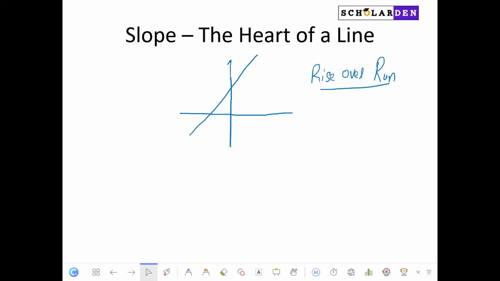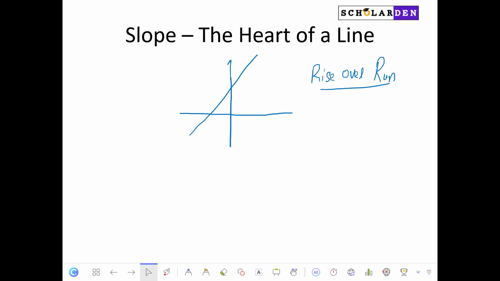So remember this: the slope is rise to run. Mathematically, what you do is divide the rise by the run. So I would prefer rise over run than rise to run. If you're comfortable with rise to run, that works for you.